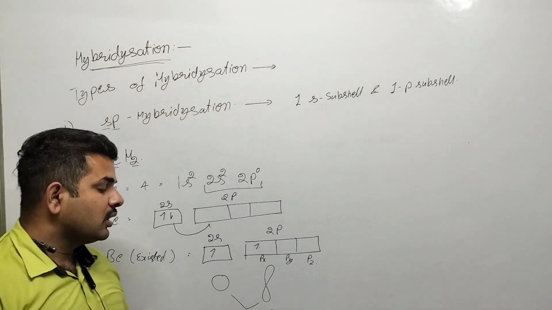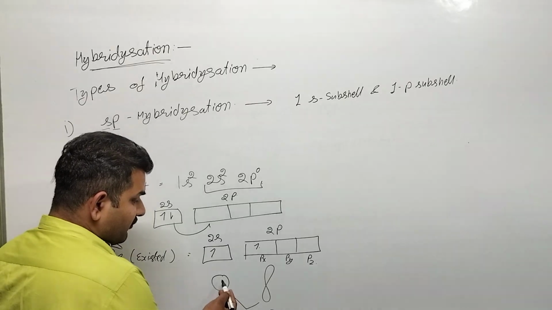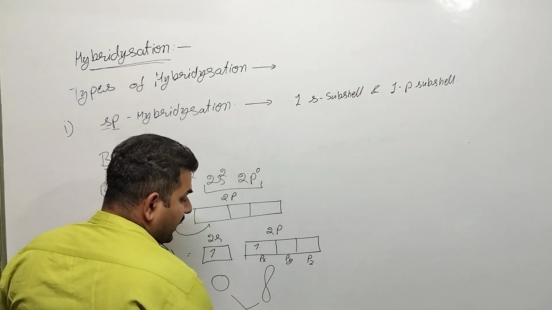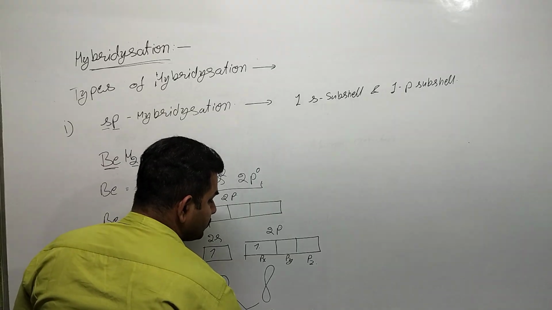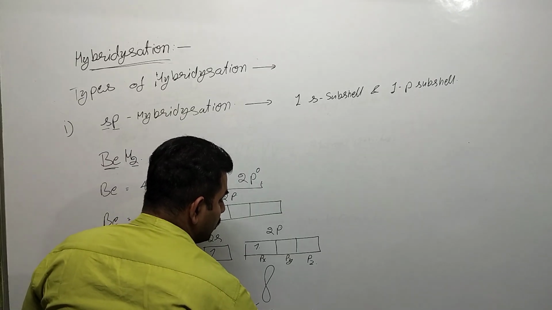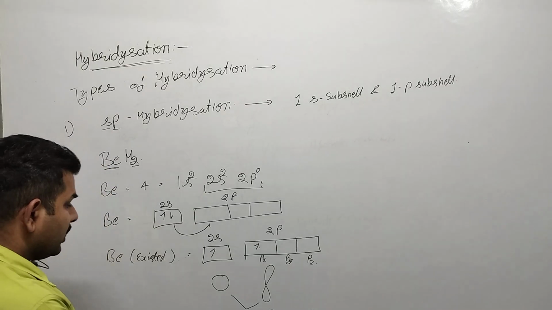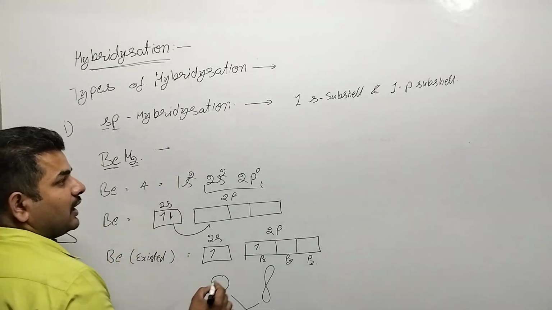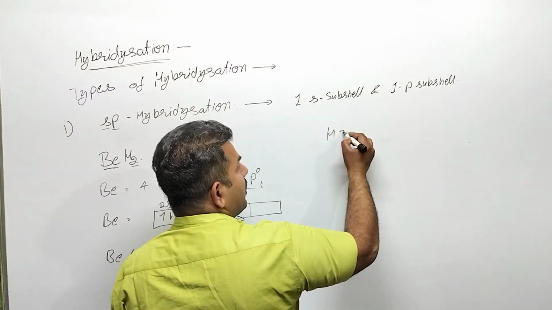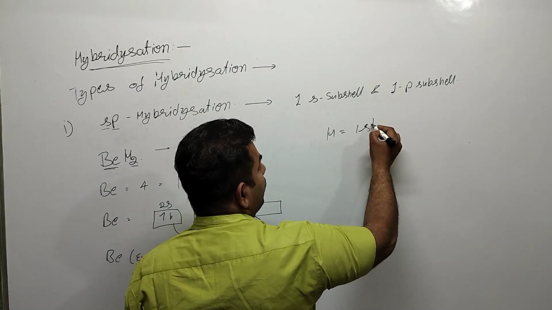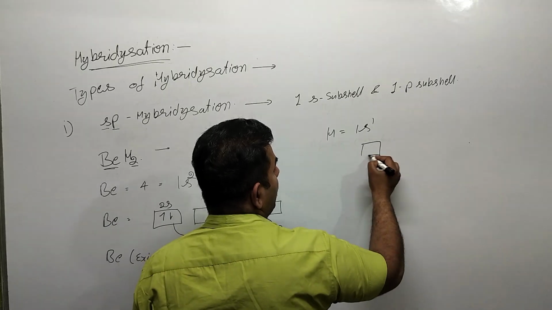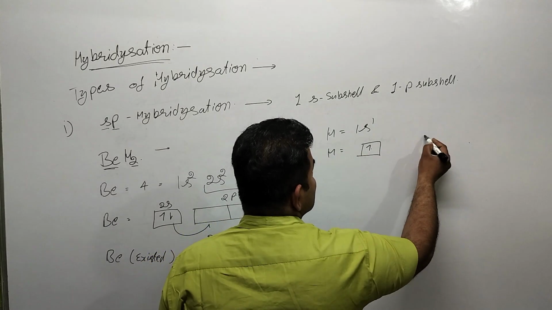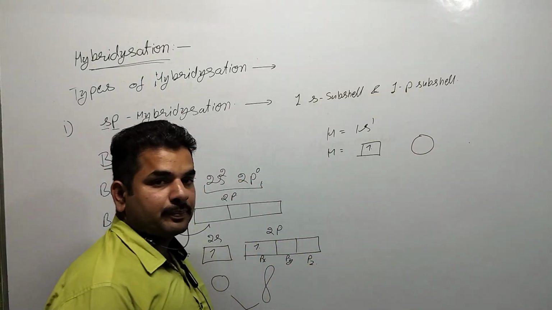These are the hybrid orbitals. This one s and one p orbital are atomic orbitals, and these form hybrid orbitals. Then they can overlap with one s orbital of hydrogen, that is spherical in shape.